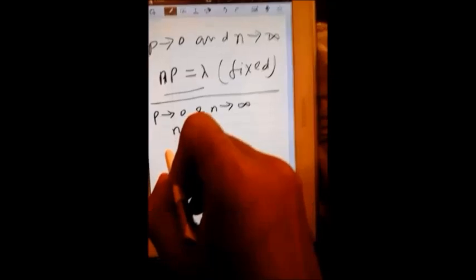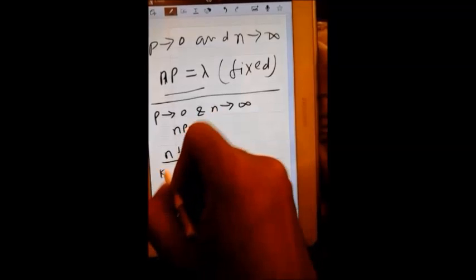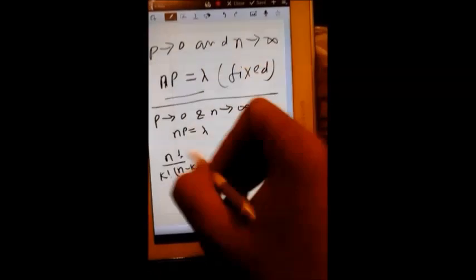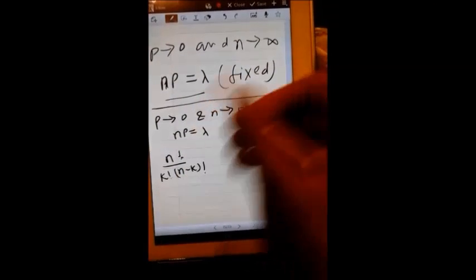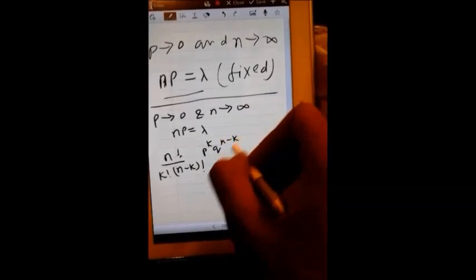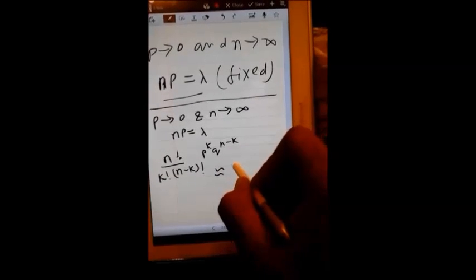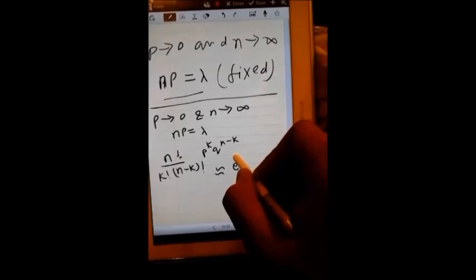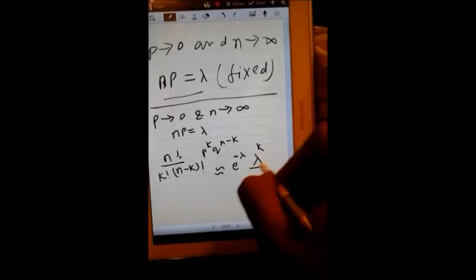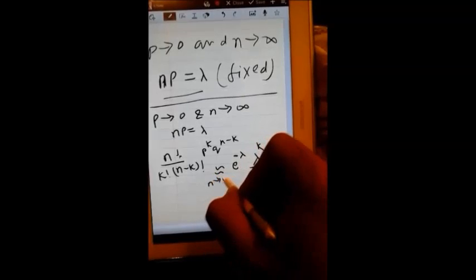We get the distribution as n factorial upon k factorial into (n minus k) factorial, which was our initial Bernoulli trial representation, p raised to k and q raised to n minus k, which is approximately equal to e raised to minus lambda, lambda raised to k upon k factorial as n tends to infinity.